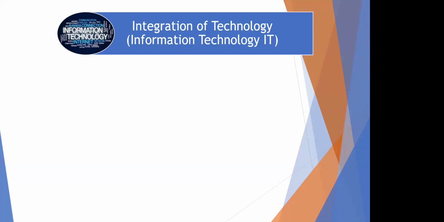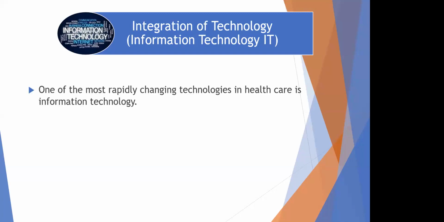We are in the information age, and technology is rapidly moving, and we have to be tech savvy. Information technology also encompasses the use of computers, networks, computer software, and other electronic or digital devices for management and communication of information.